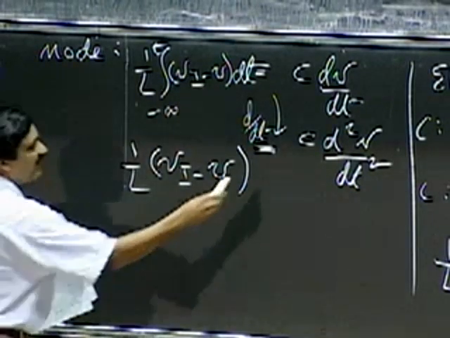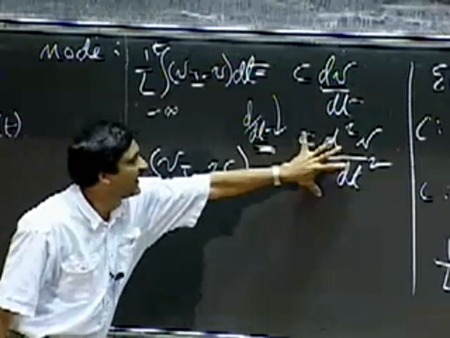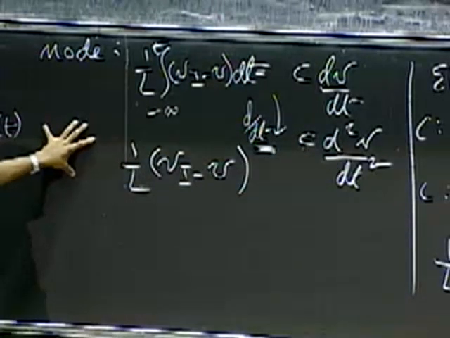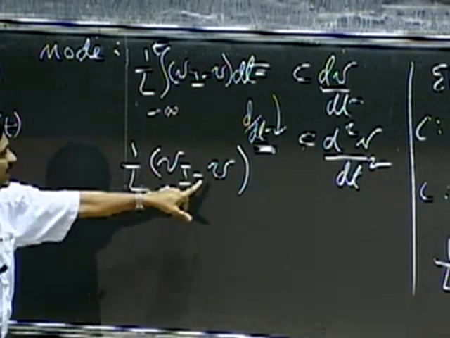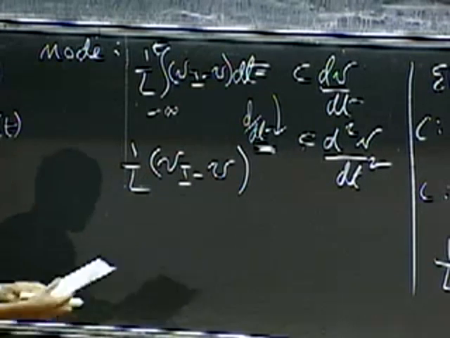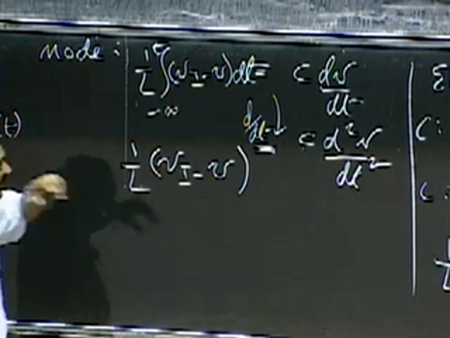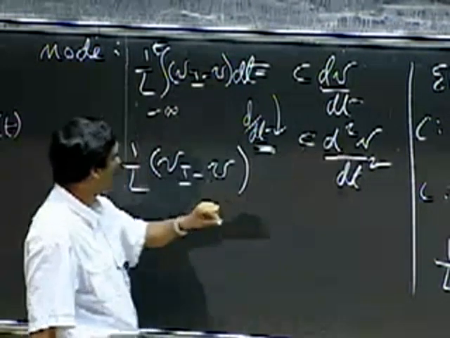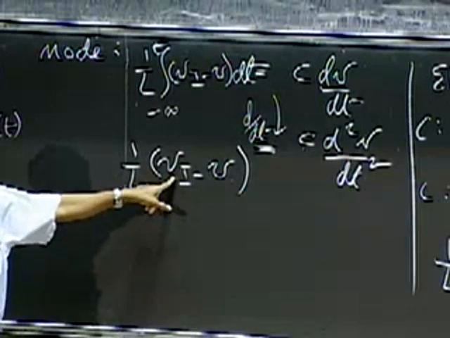And then I move L up here, I bring d squared V by dt squared out here, and then I get a minus V here. Let me leave this here, bring the minus V to this side so it becomes a plus, and leave Vi on this side.